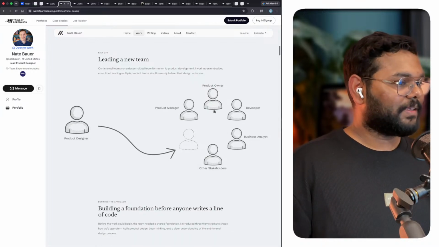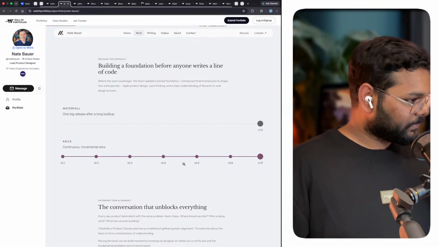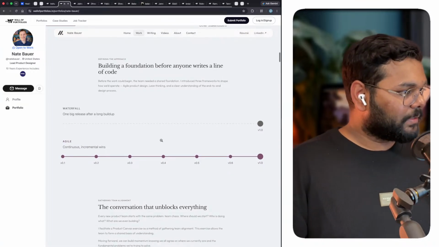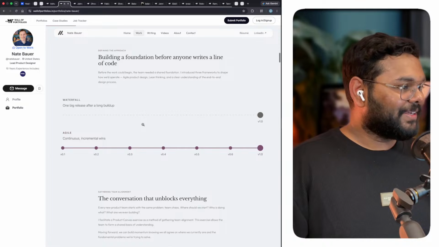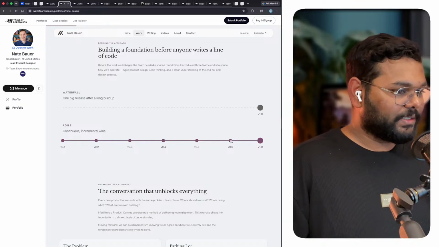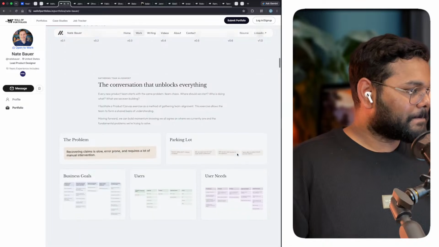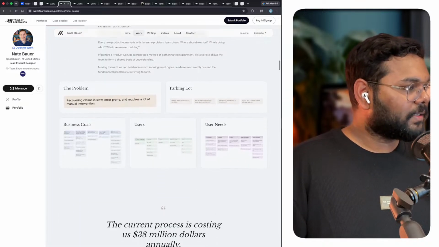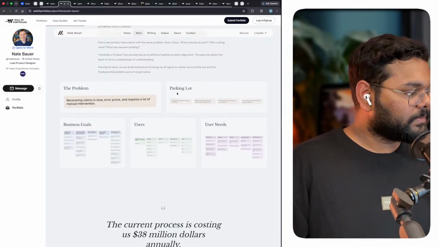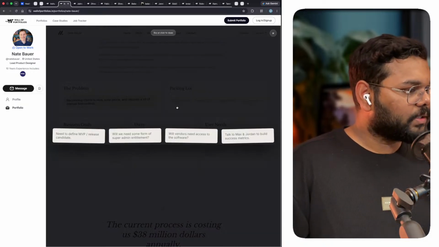So how was the team? Great, actually. Also shown the difference between waterfall and agile. Okay, great. Okay, the problem, parking lot. Oh, this is good.